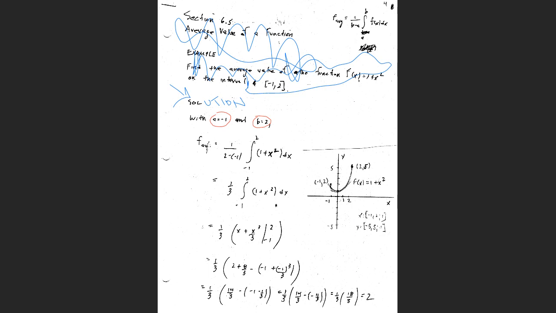And the average value of the function, in terms of a formula, let's remember, the average value of a function is 1 over (b minus a) times the integral from a to b of f of x dx. So now I'm applying that formula.